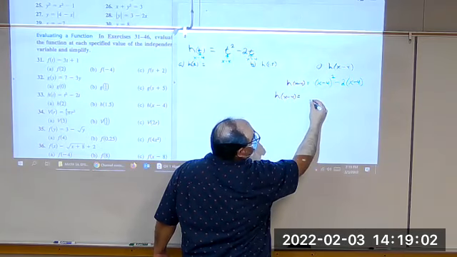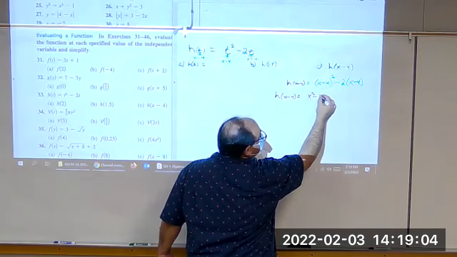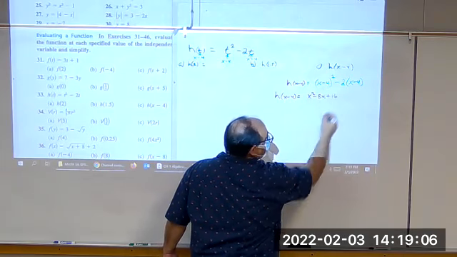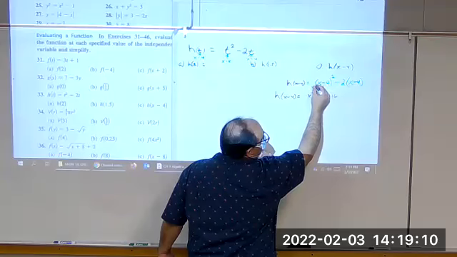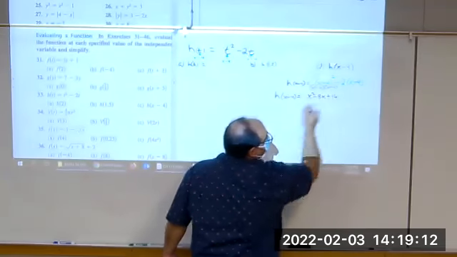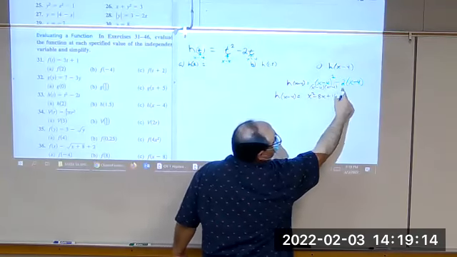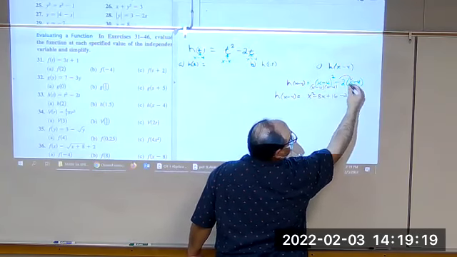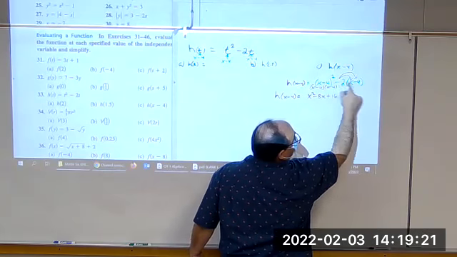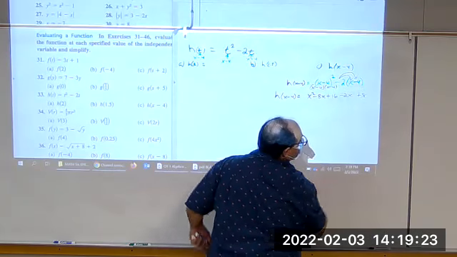So for the sake of time, this is x squared minus 8x plus 16. Because this would be x minus 4 times x minus 4. And then you distribute the negative 2. Negative 2 times x is minus 2x. Negative 2 times negative 4, that's a plus 8.